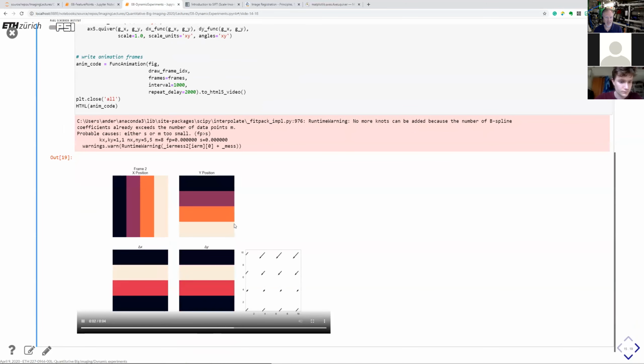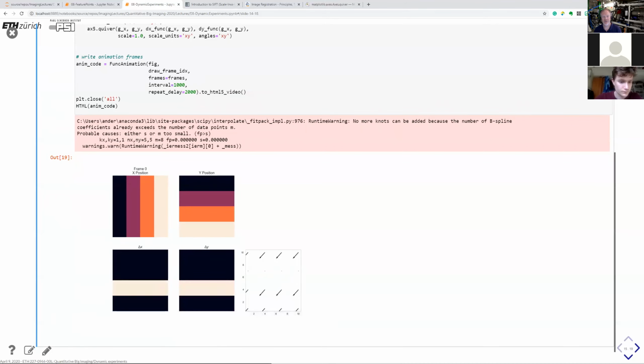This is a pretty long one. Here we are stepping through different delta X and delta Y. You can see that the arrows are changing over the time frames, and sometimes the vector is longer and other times it's shorter. So you can see that the flow field is changing a little bit over time from frame to frame.